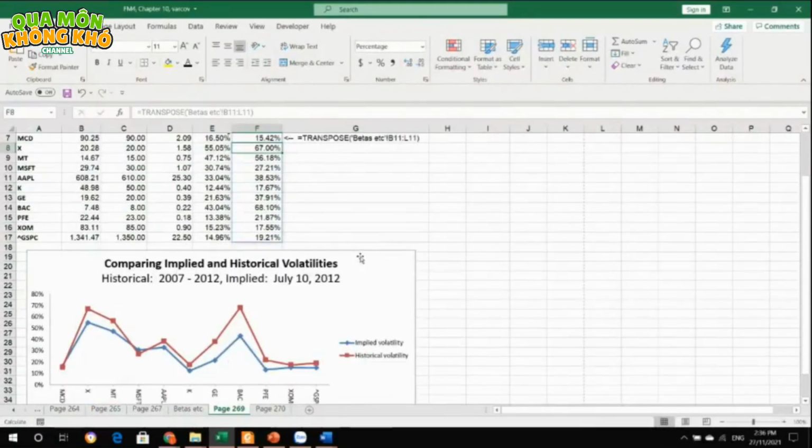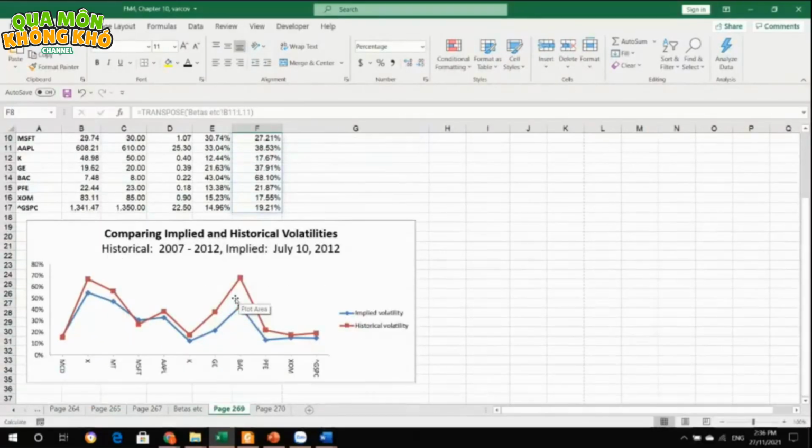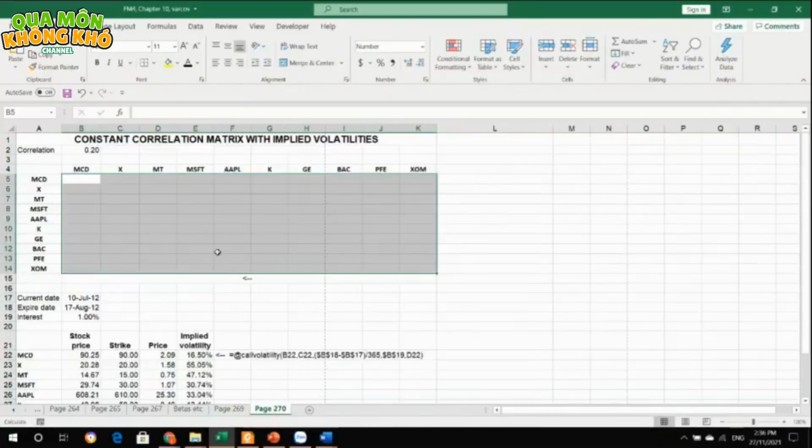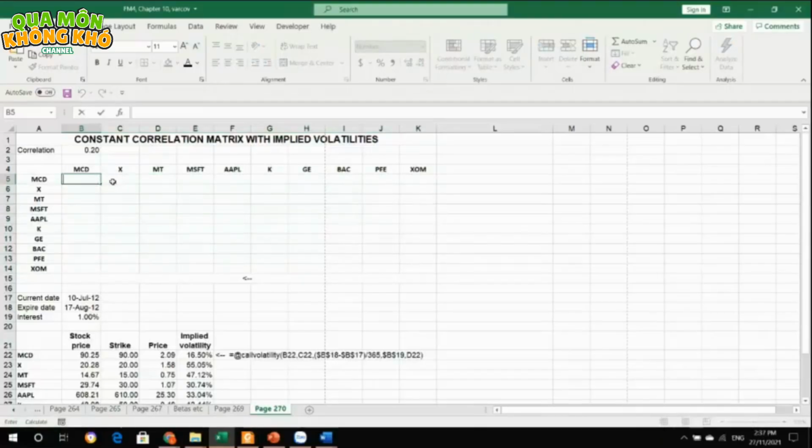In the paragraph, you can see the comparison of implied and historical volatility here. And the last one, we calculate the matrix with implied volatility.